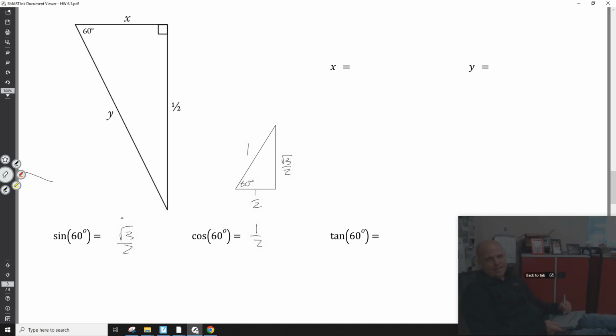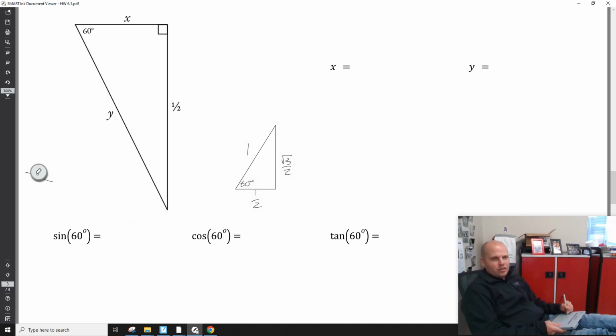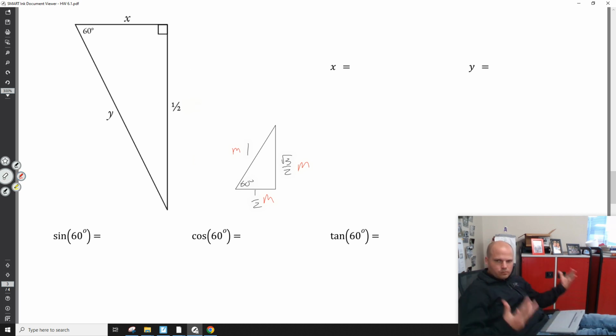But let's try to get these values in a different way. Here, they're saying, well, what if the long side length was 1/2? Okay, I'm going to go back to this multiplier. If I just change all of the side lengths, we can understand what this x and this y are by looking at m. I'll start with 1/2 is equal to root 3 over 2 times this multiplier m.